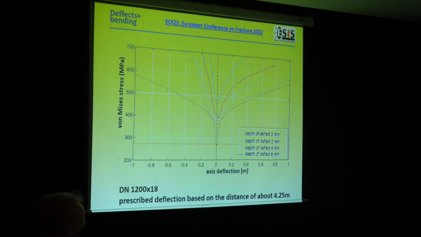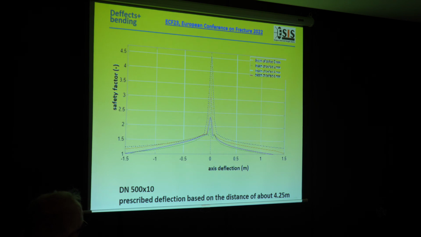Here is a different diameter of pipe, 1.5 meter, for example. Also the same deflection of X from the line. It's possible to express it in a different form, in the form of a safety factor of this pipe, like a ratio between the burst pressure and operational pressure. This is the safety factor from this data.